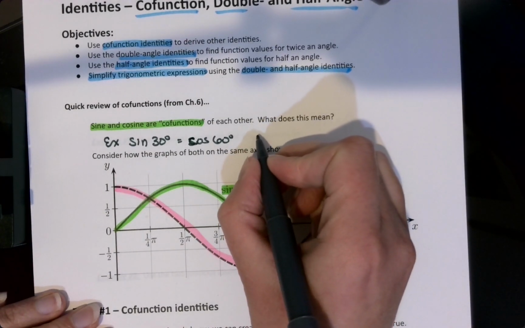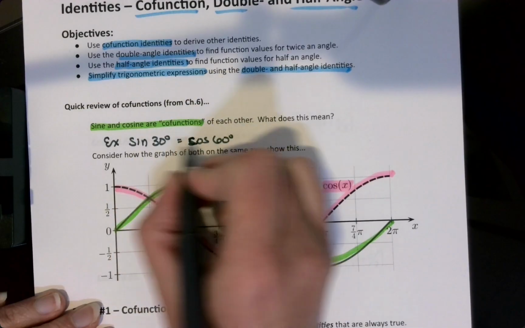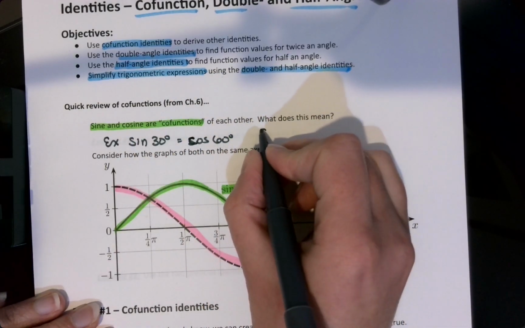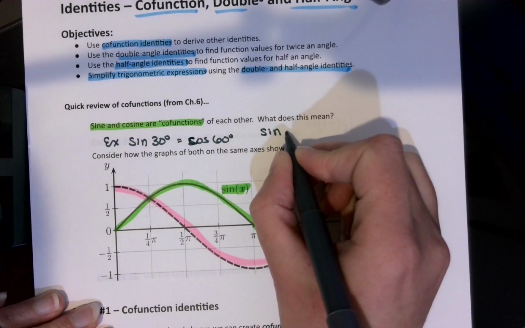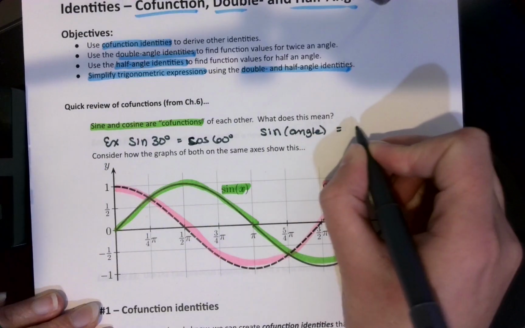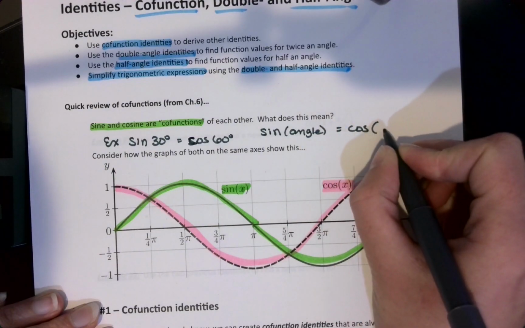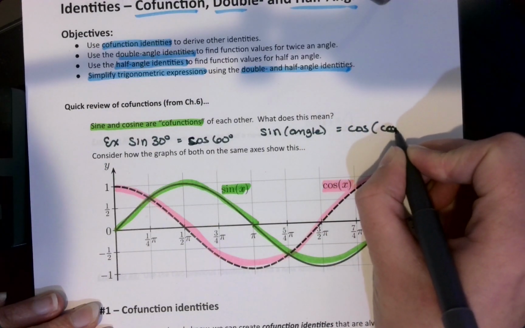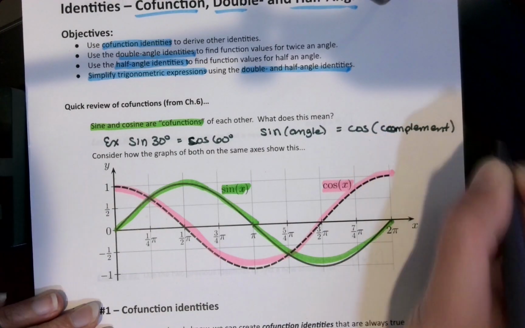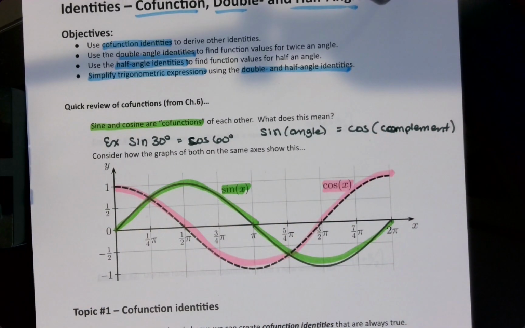So it meant that they had equal function values for complementary angles. So sine of an angle equals the cosine of the angle's complement. That's what cofunctions means, right?